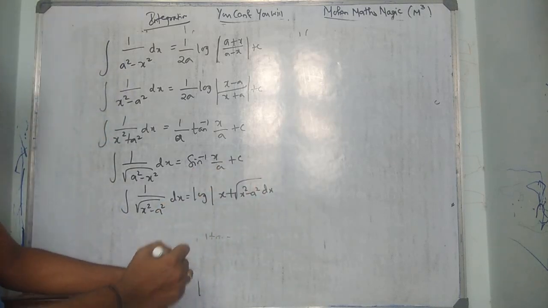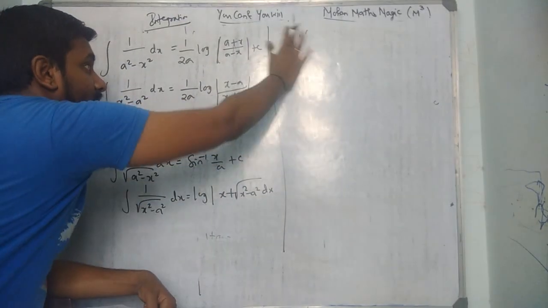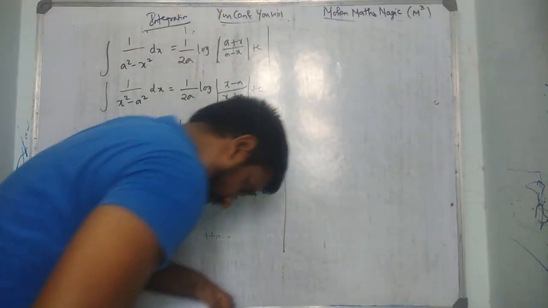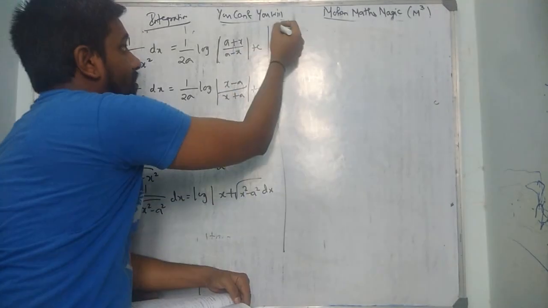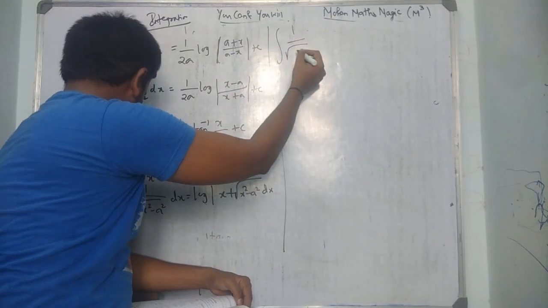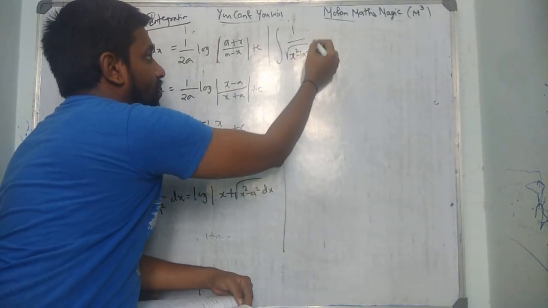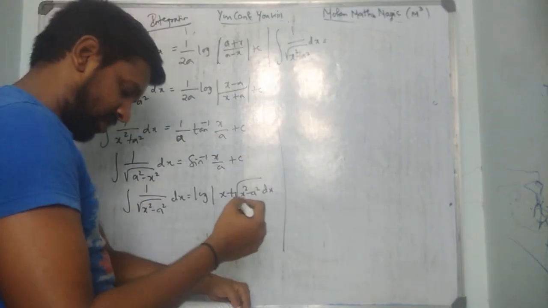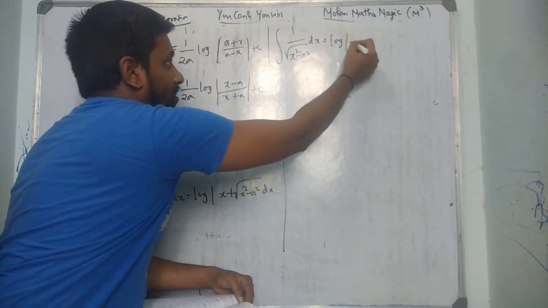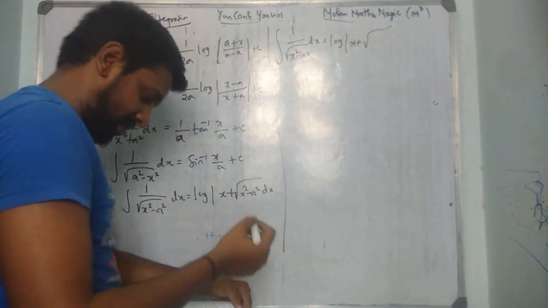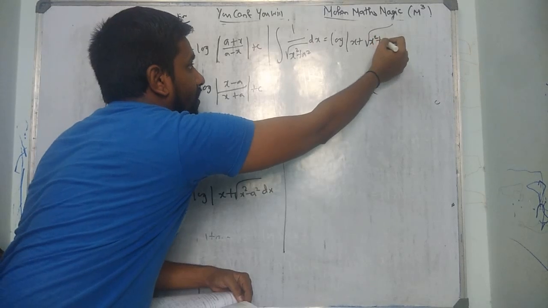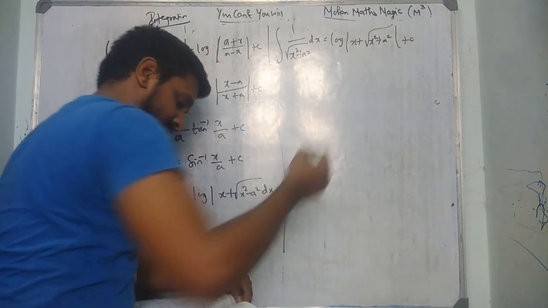And one more: the integral of 1 upon root over x square plus a square dx is equal to log of modulus x plus root over x square plus a square plus c.